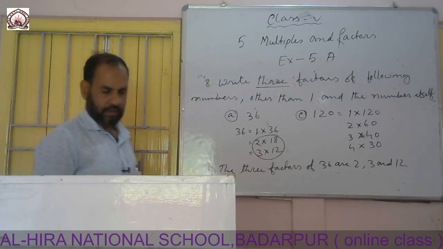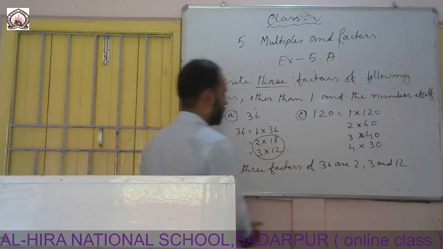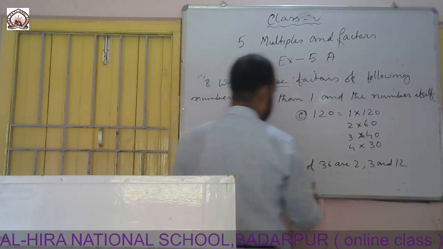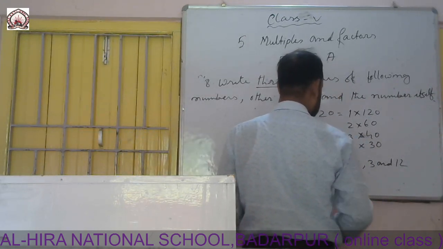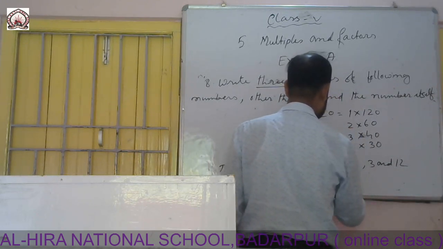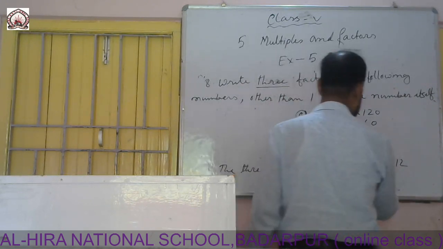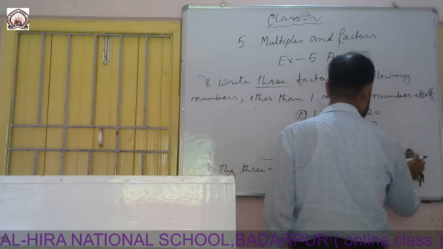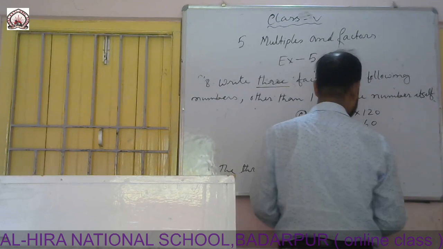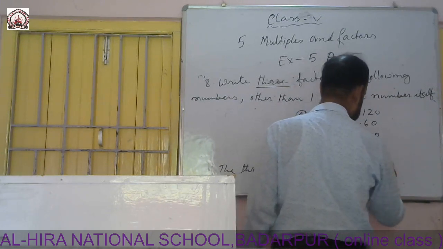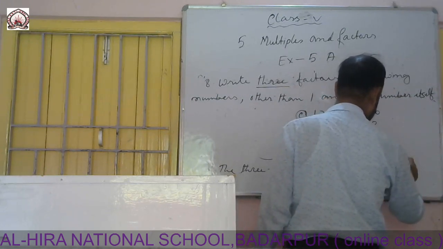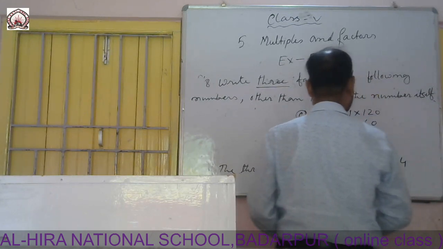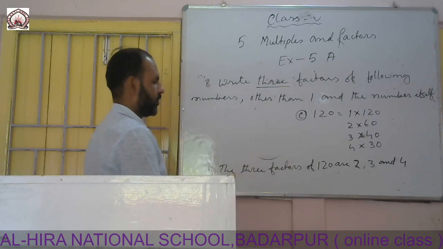So here also we can write the 3 factors of 120 are 2, 3 and 4.